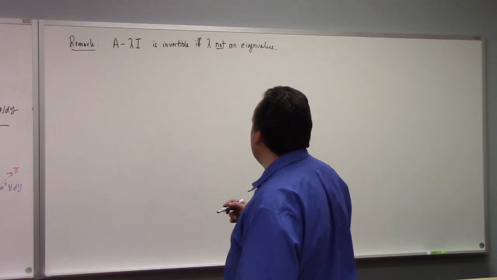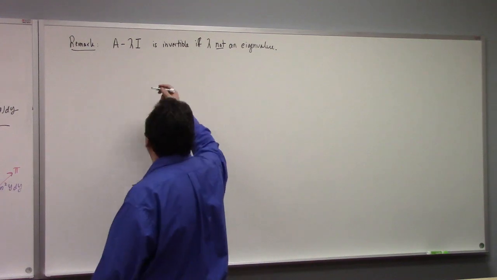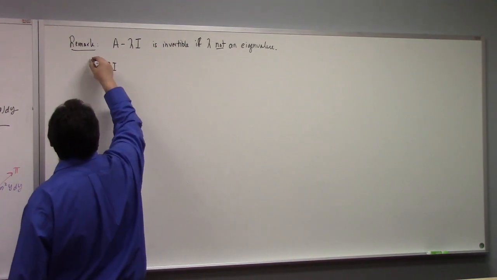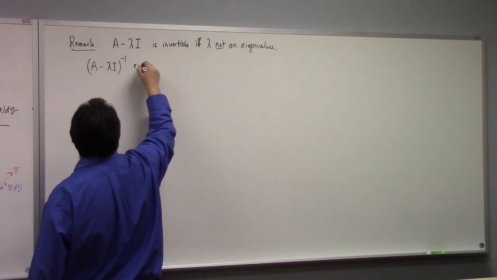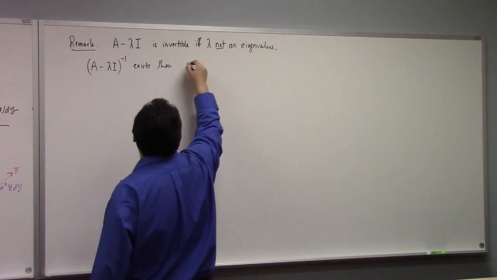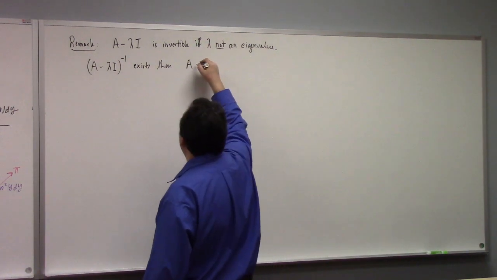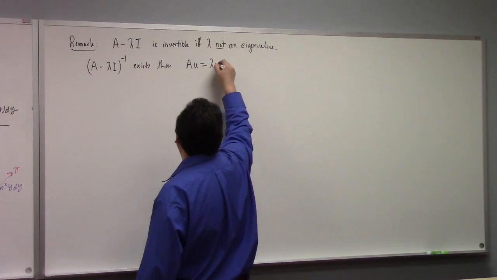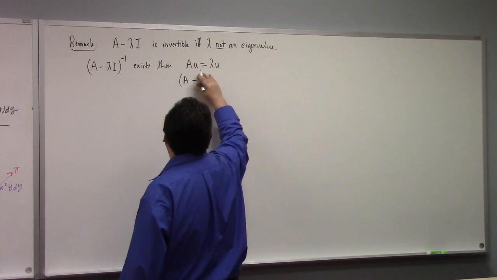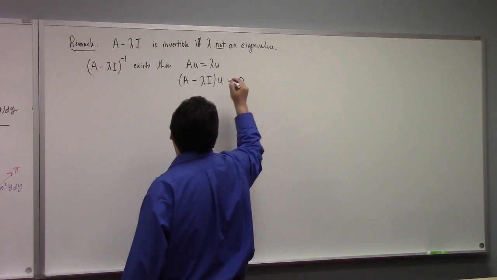And the reason for that, among other things, is to say that's invertible, right? So if A minus lambda I inverse exists, well, we don't know about determinant in infinite dimensions, but notice that if we have AU equals lambda U, then that means that A minus lambda I times U is equal to 0.